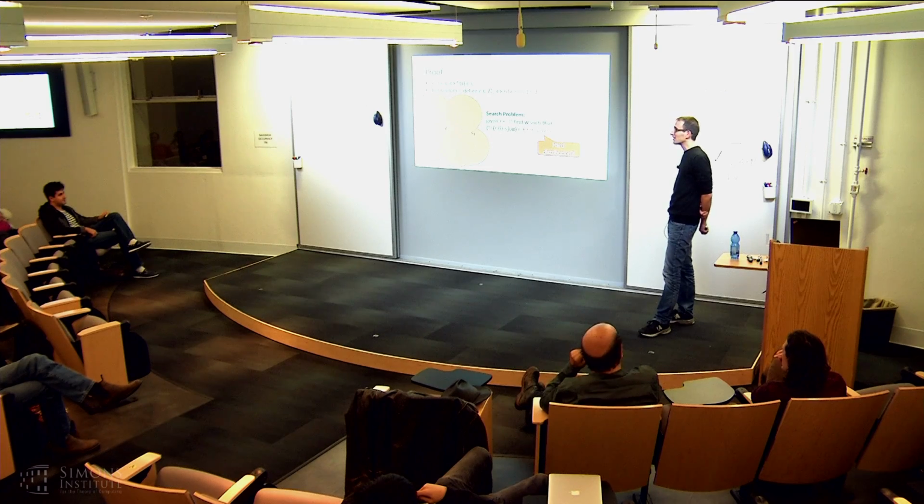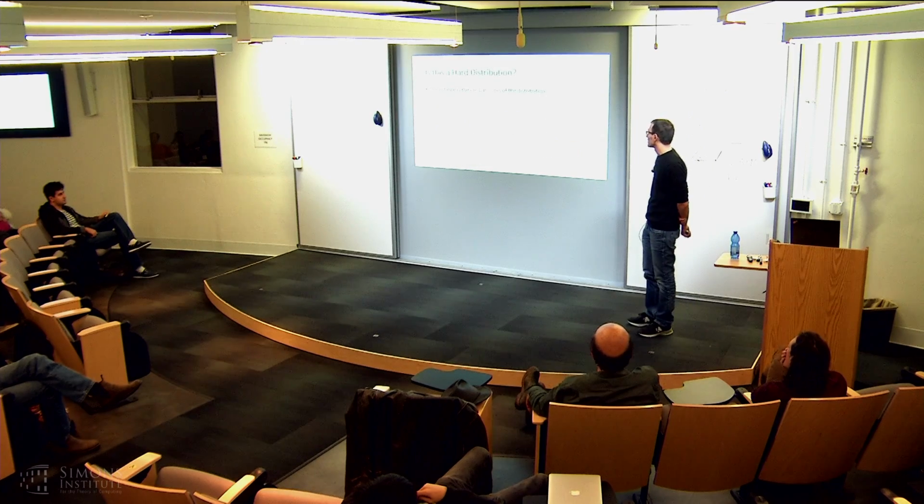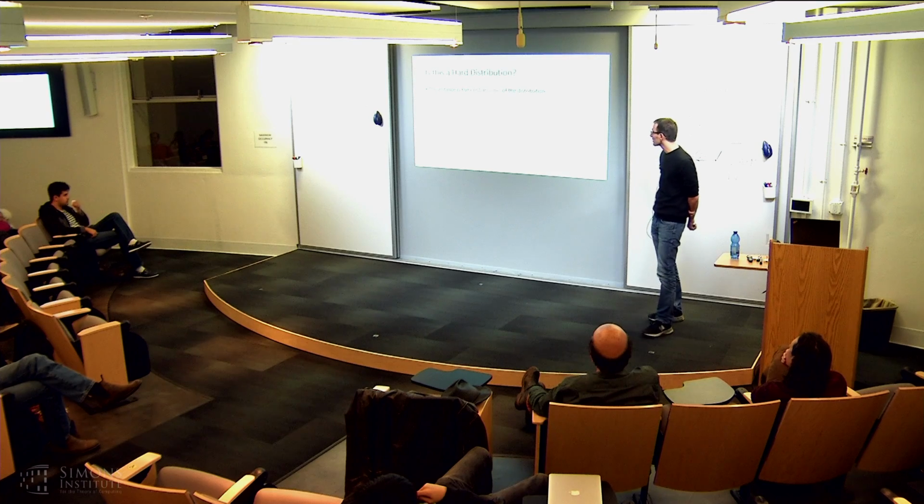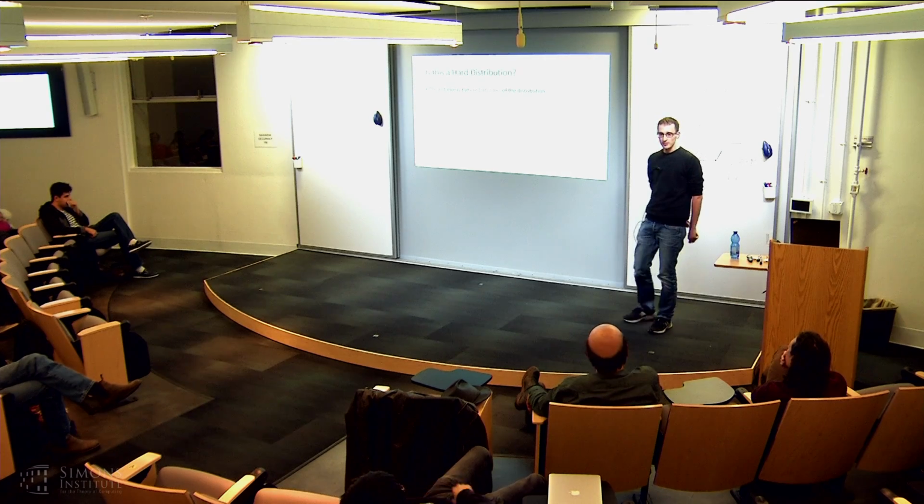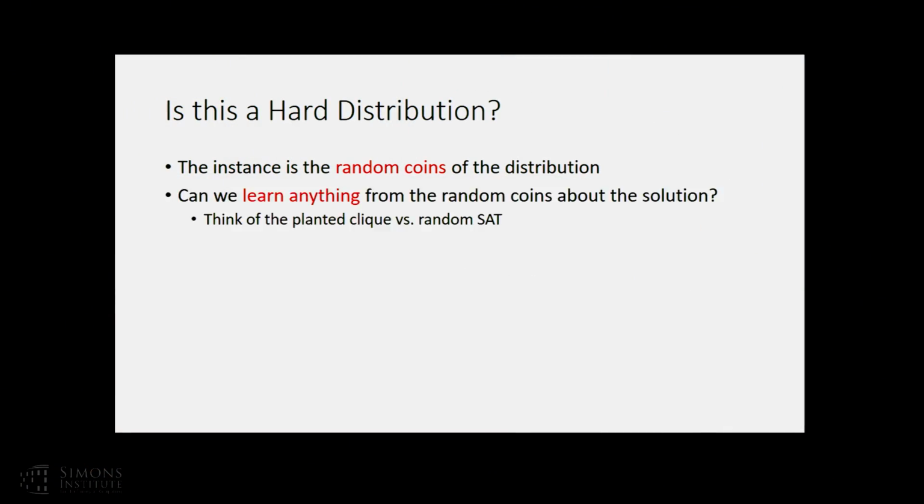Okay, so is this really a hard distribution? So the instance is now the random coins that I'm giving to the distribution. And the question is, can we learn anything from the random coins about the solution? You can think of the planted clique example where you sample a random graph and then you sample a clique and you sample where to put it, okay?